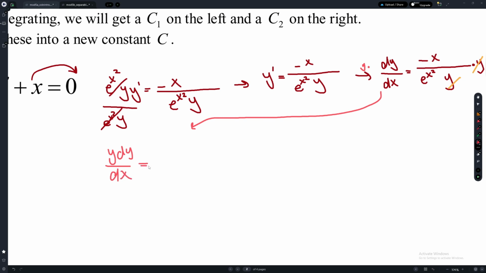I'm trying to show every step, right? And now we can just multiply by dx. So we'll get y dy equals negative x all over e to the x squared dx.